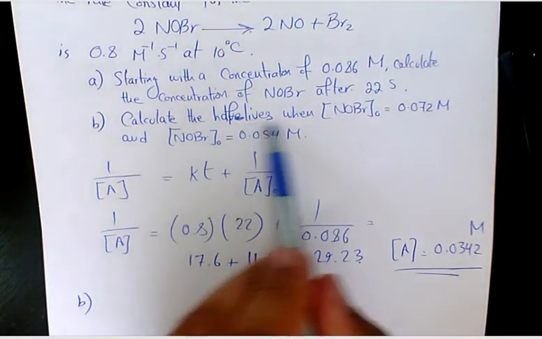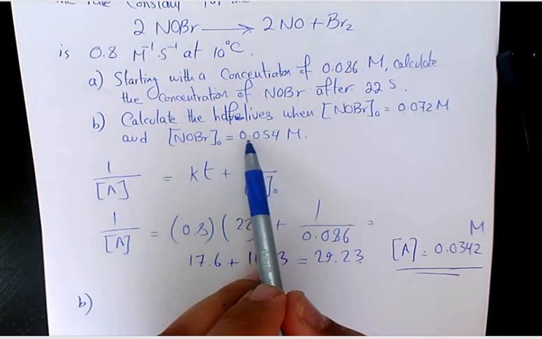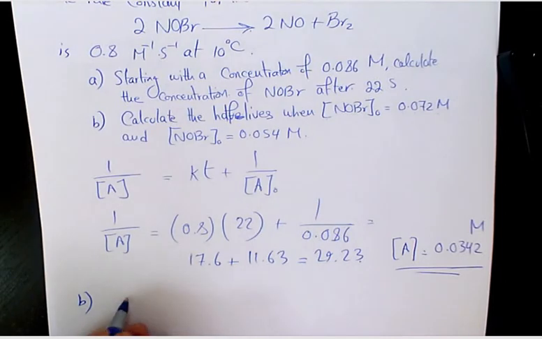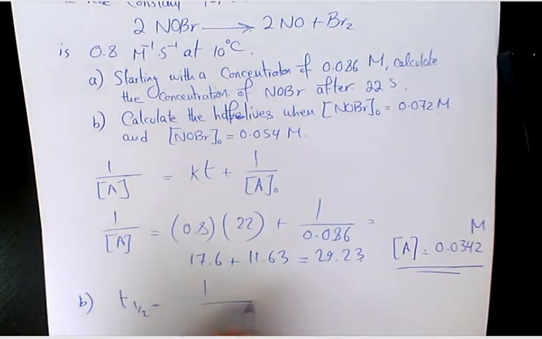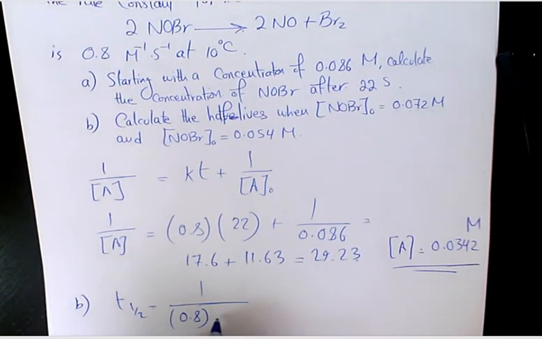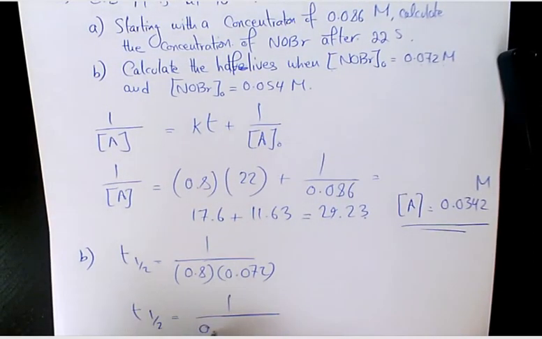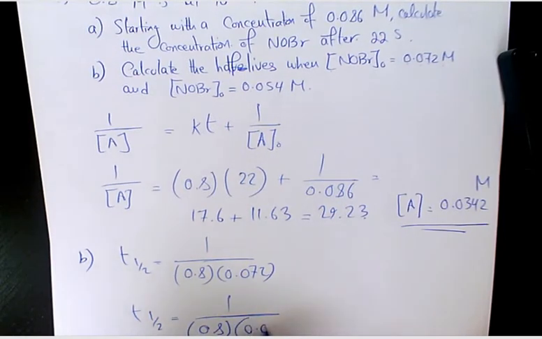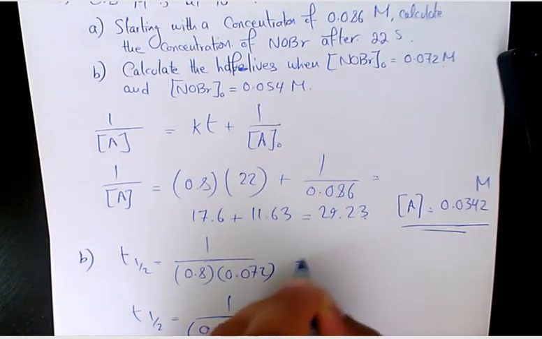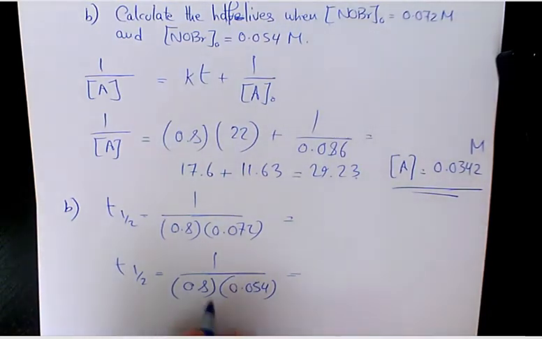It says calculate the half-lives when the concentration is 0.072 and when the concentration is 0.054. So T half equals 1 over K times initial concentration. K is 0.8, times 0.072, and for the second time it's going to be 1 over 0.8 times 0.054, because we need to find out the half-life time for two different initial concentrations.